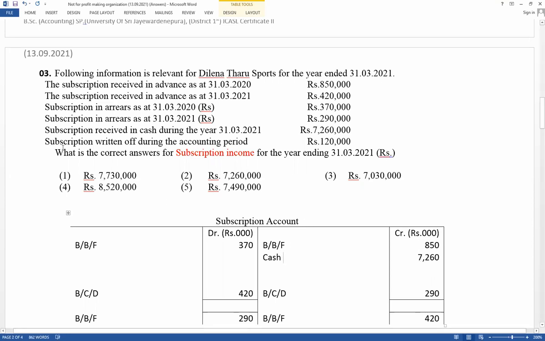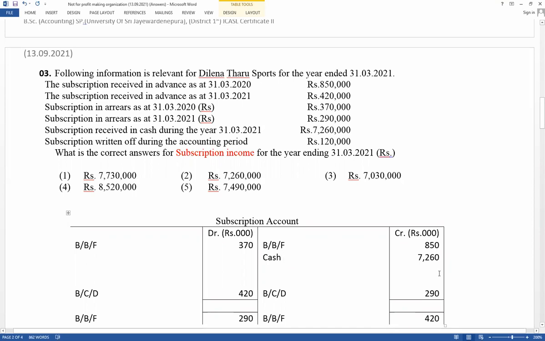As was given, subscription written off during the accounting period. If members keep not paying us, we remove them. Written off. Look, receivables are on the debit side. Those are the ones we remove, so to remove them we must credit. Therefore, it has given subscription written off of 120,000. It should be recorded on the credit side.